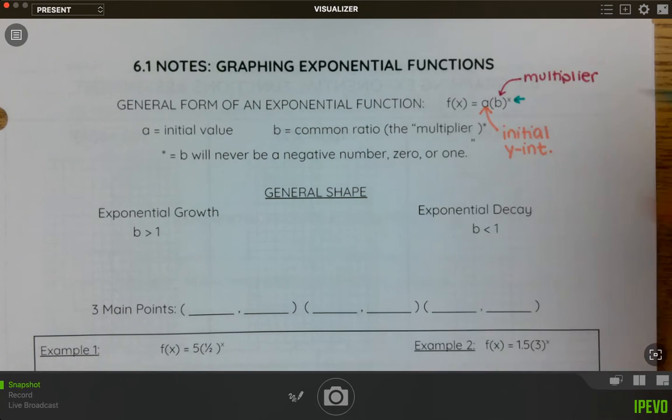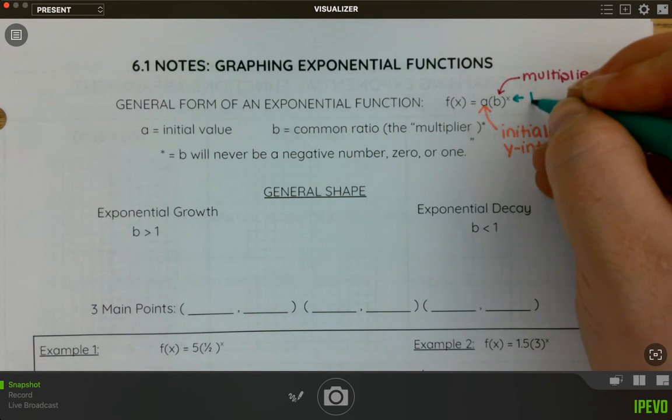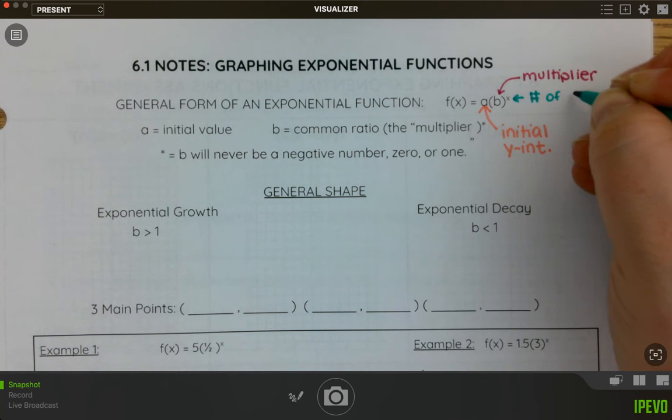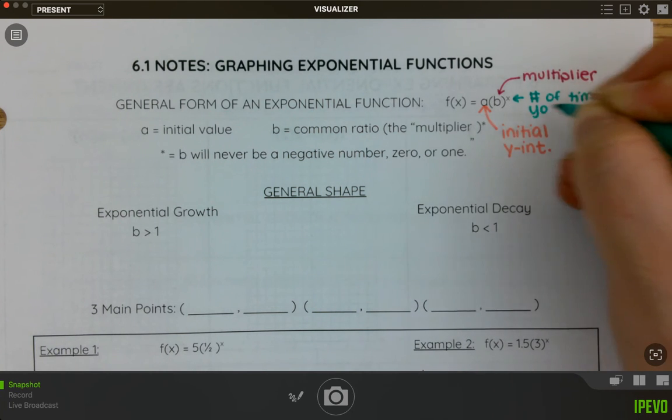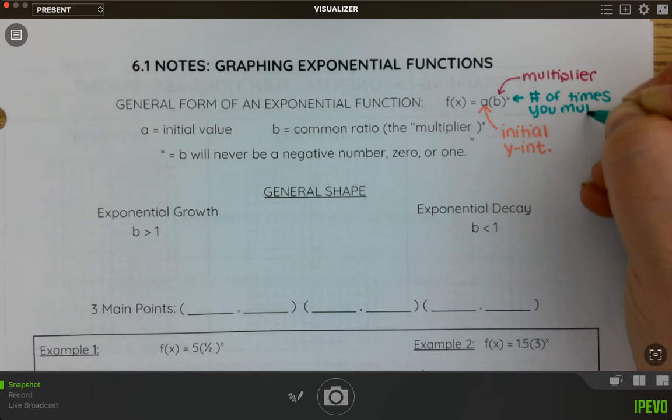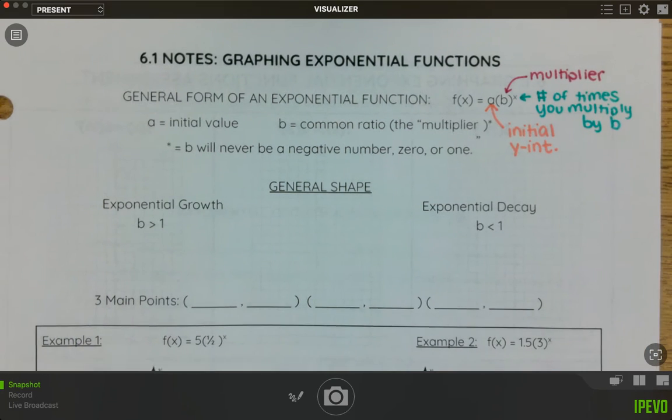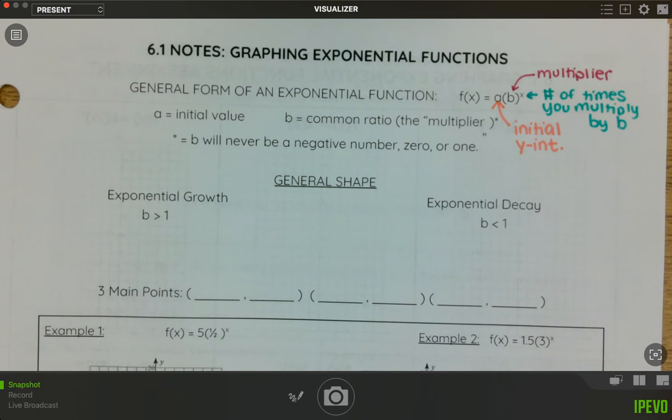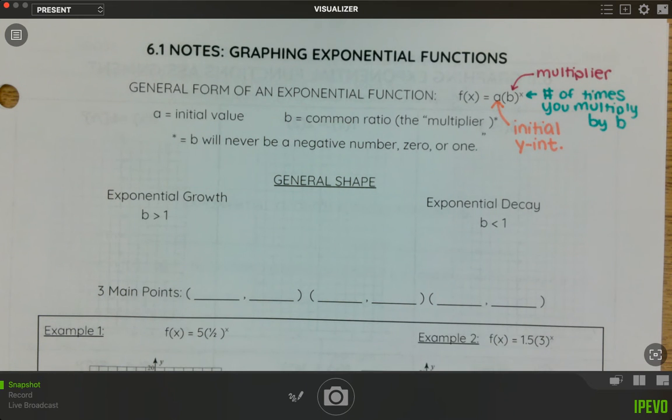So this exponent is a power, and that means that is the number of times you multiply by b. I'm going to give you an example over here on the right because I usually find that this helps a little bit.